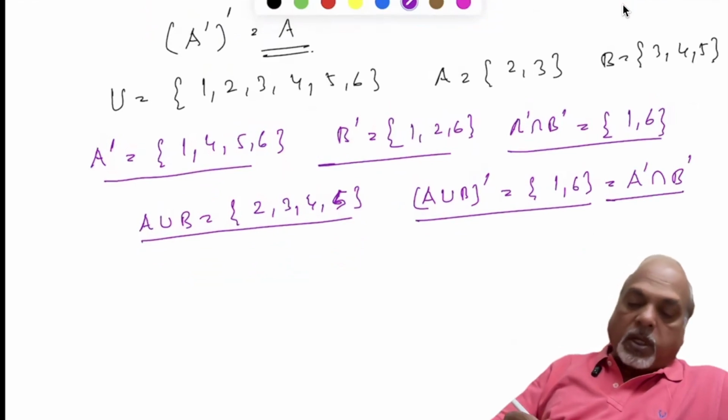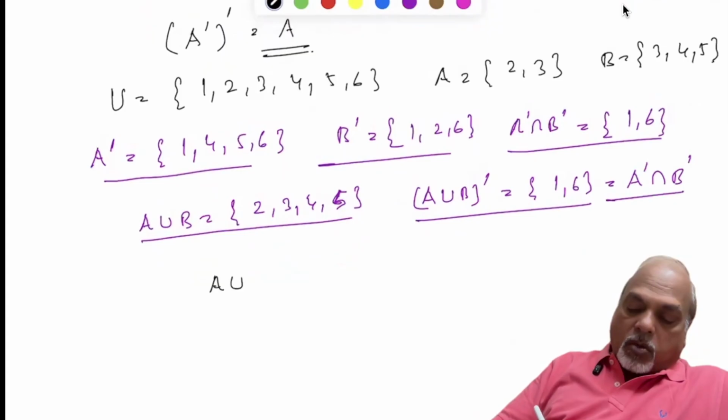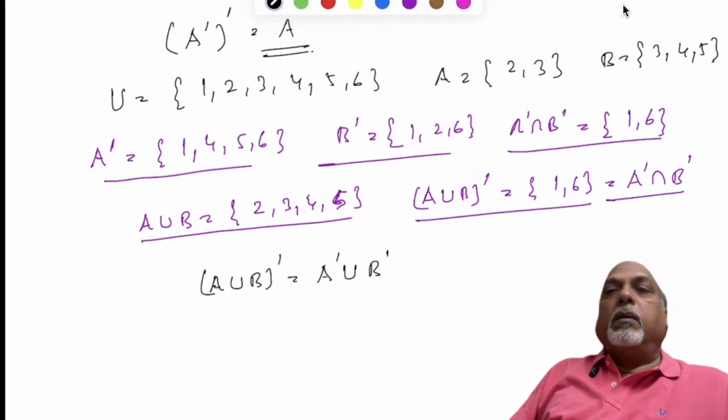So remember this result: the complement of A union B is nothing but A complement intersection B complement. Correct.